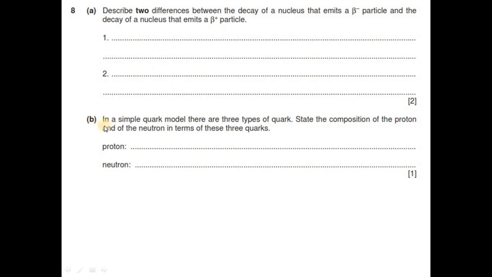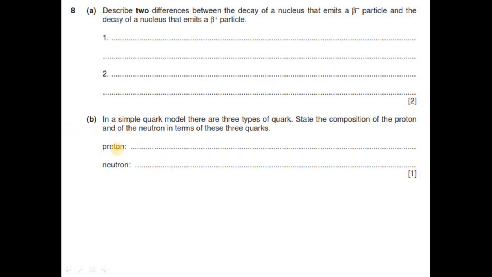Yes. Part B, in a simple quark model, there are three types of quark. State the composition of the proton and the neutron in terms of these three quarks. So proton consists of three quarks.